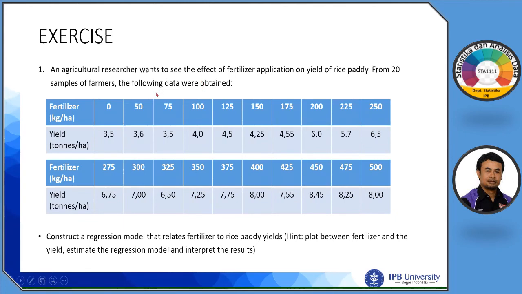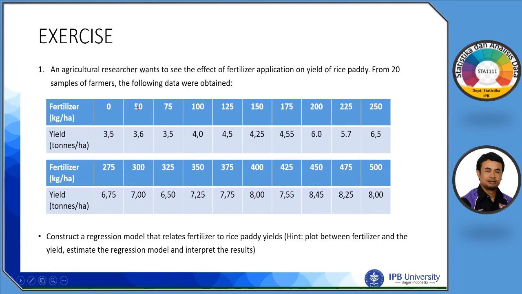So let's say farmer number 1, without giving any fertilizer, okay? If you plant rice paddy without any fertilizer, of course it will grow, but maybe the yield is not that good, right? So this one means no fertilizer at all, right? But you can still grow the rice paddy plant, right?